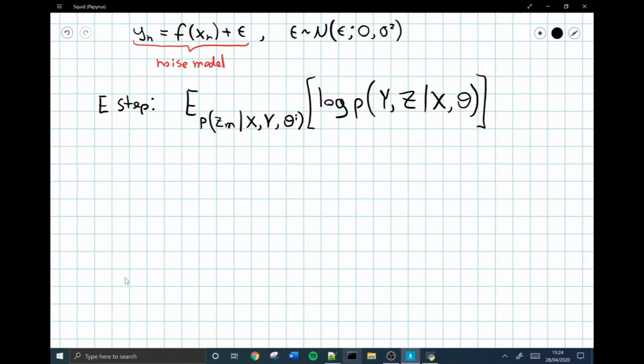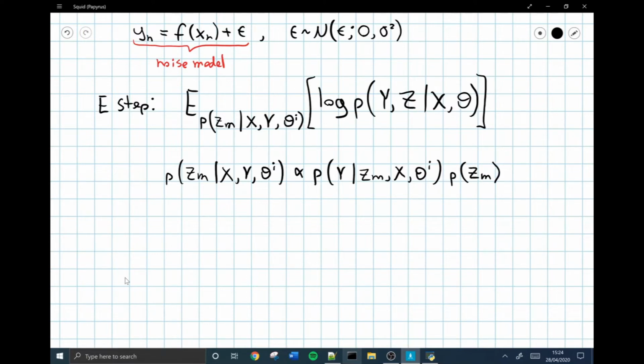So we're going to say that the probability of Zm conditional on x, y, and theta I is proportional to probability of witnessing y conditional on Zm, x, and theta I. And then we had our prior, which is, we're just going to say probability of Zm. And we're going to say it's not conditional on x in this particular case.